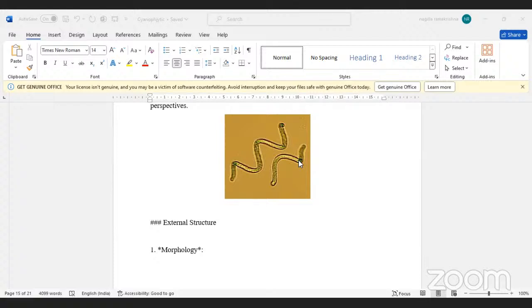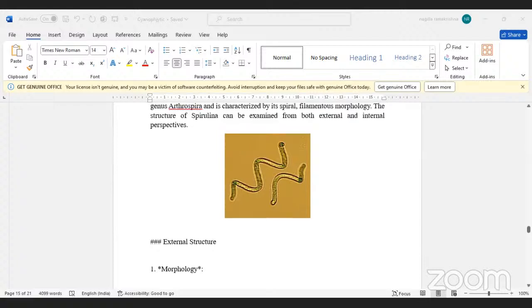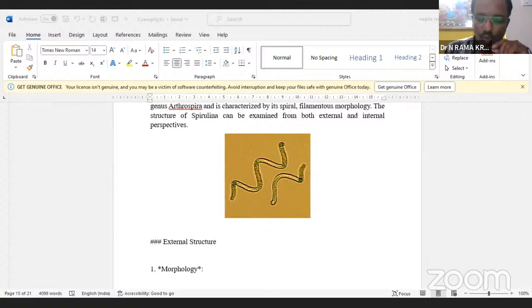The trichomes are cylindrical in shape, loosely or tightly associated. We also look at the colors: blue green, olive green, sometimes gray green, brown, red and violet, different types of colors. So they may be solitary, and this is also mucilaginous.